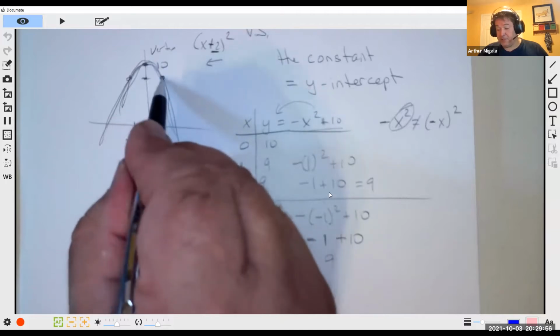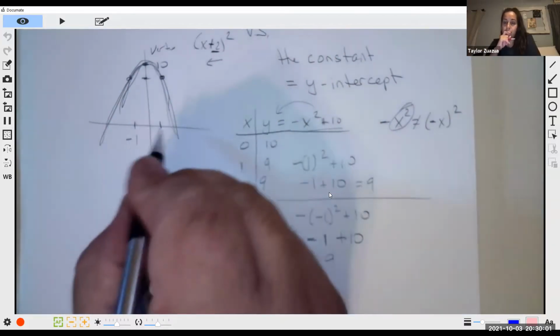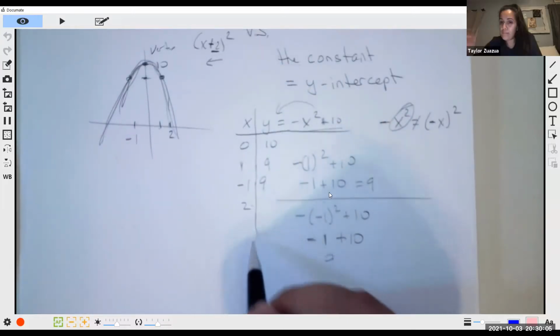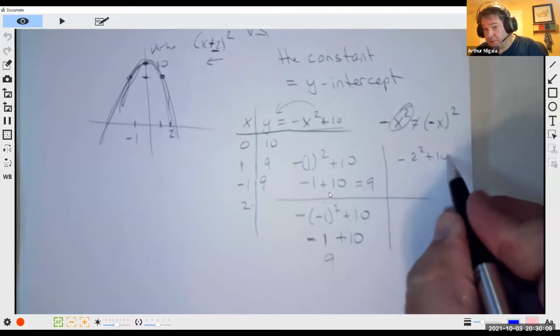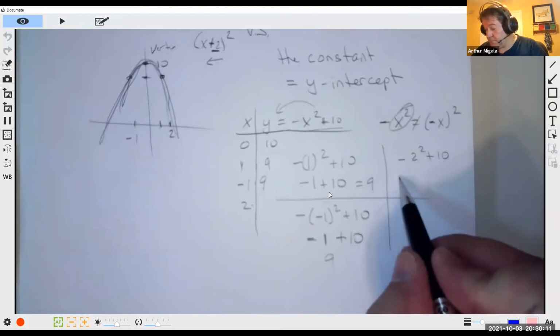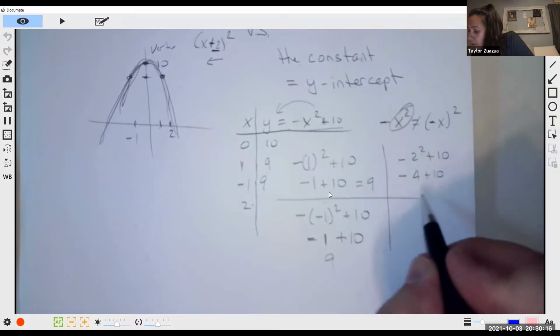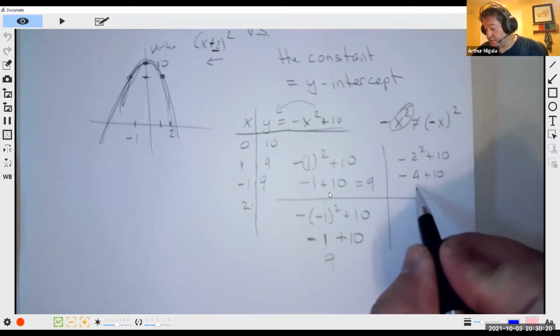Once we have the vertex and another point, then we know how wide it's going to get. We can go even further. If we want to, we can pick the value 2. So -2 squared plus 10. That's -4 plus 10, correct? Yes.